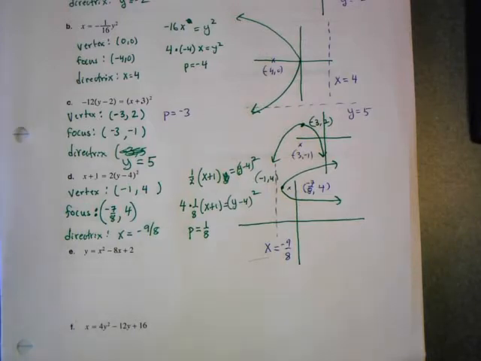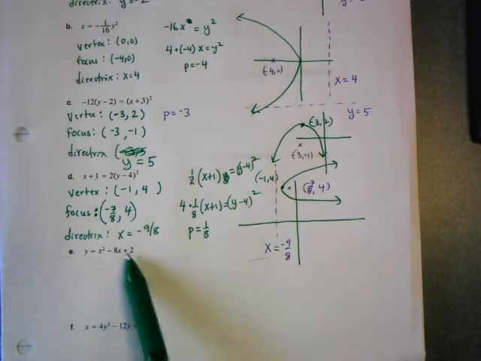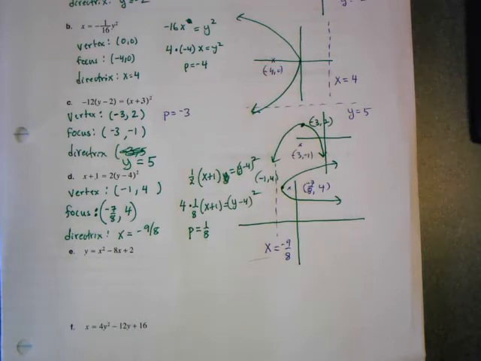How about this one? Y equals x squared minus 8x plus 2. Unfortunately, it doesn't factor. That was a good idea, it doesn't work. Does this one go up, down, left, or right?